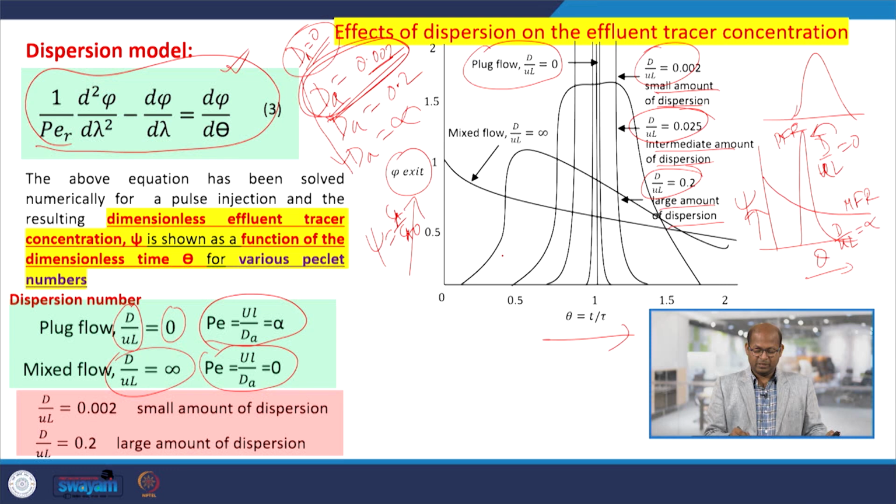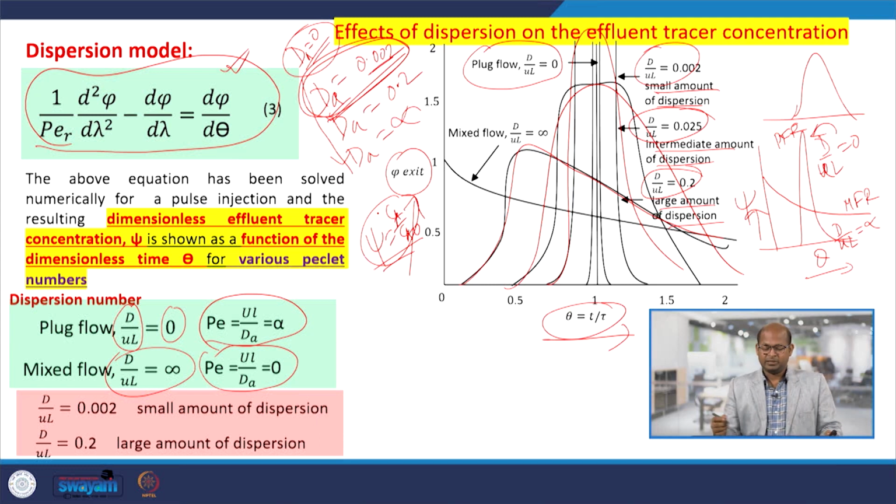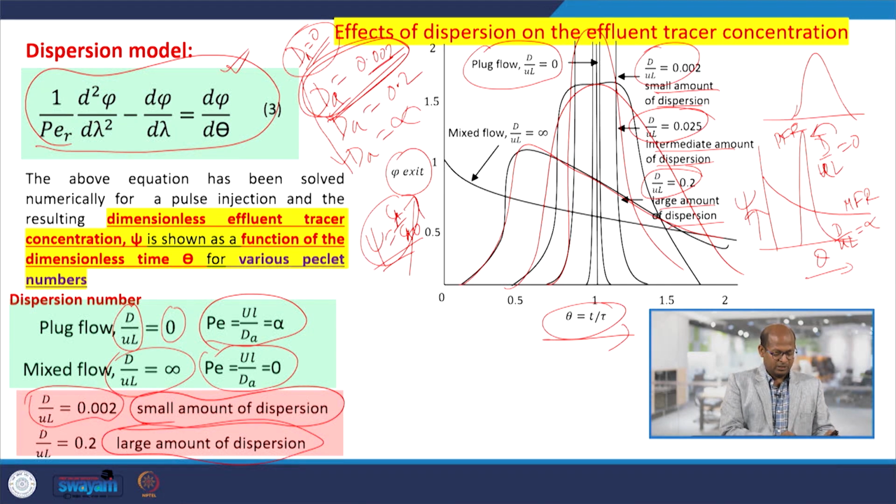If the nature of the curve is like this, we can say some dispersion is there. If it is like this, some dispersion is there, up to that extent. So whatever the dispersion is, in terms of dimensionless concentration and time, we can express it this way. Small or large dispersion is just a numerical value that signifies dispersion.